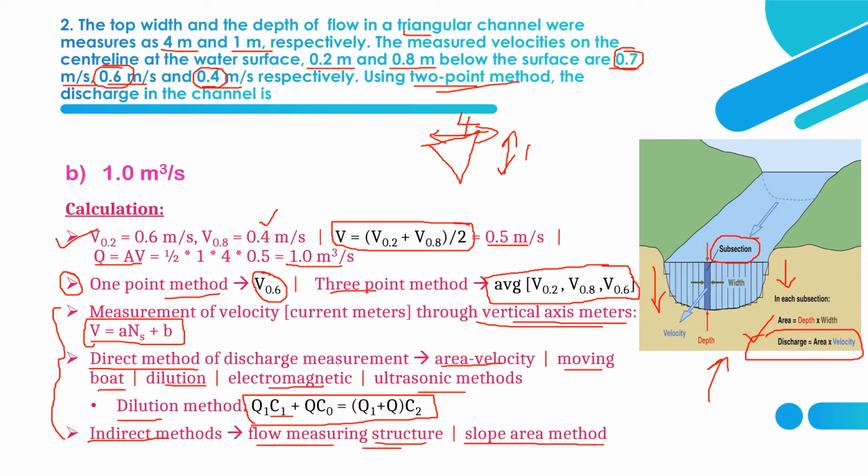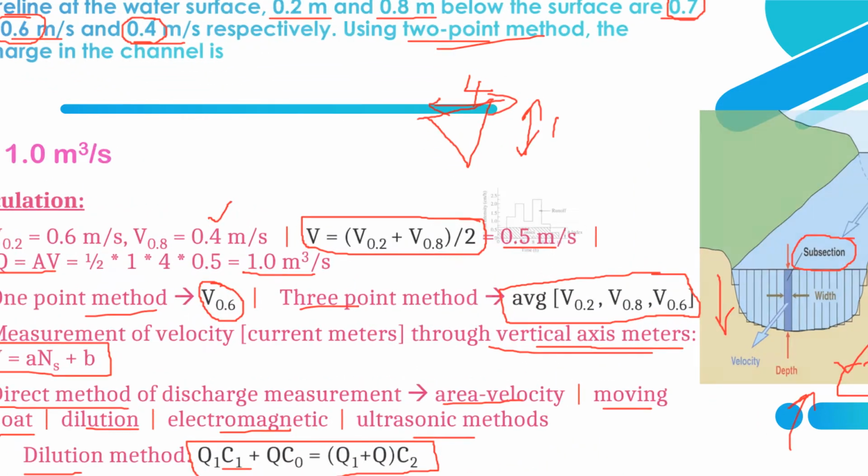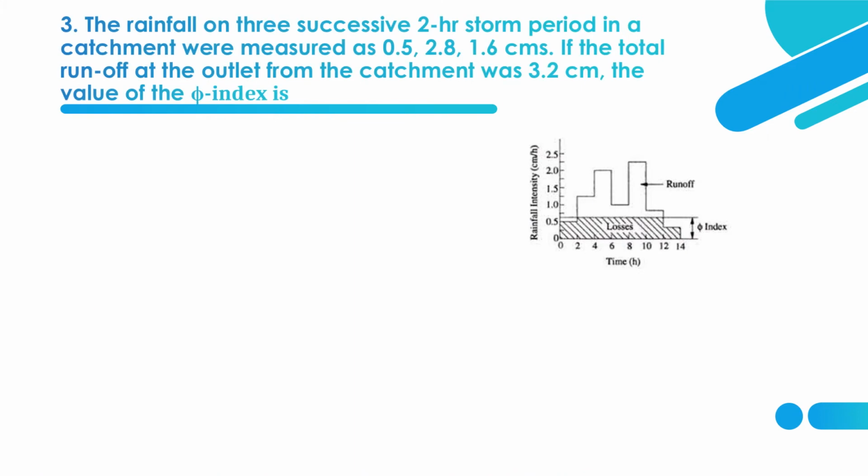Now let's move on to the third question. The rainfall on 3 successive 2-hour storm periods in a catchment was measured as 0.5, 2.8, 1.6 centimeters. If the total runoff at the outlet from the catchment was 3.2 centimeter, what is the value of the phi index?